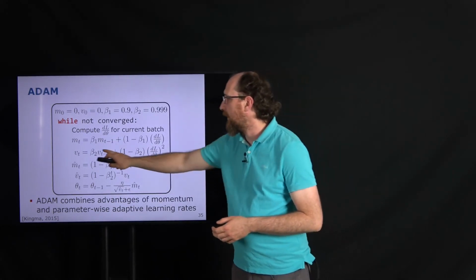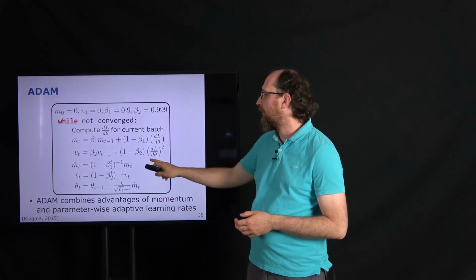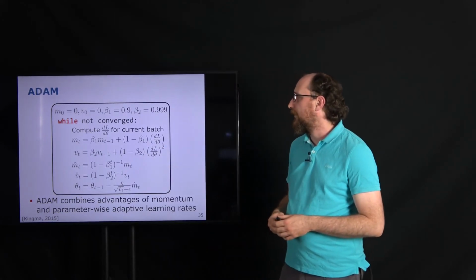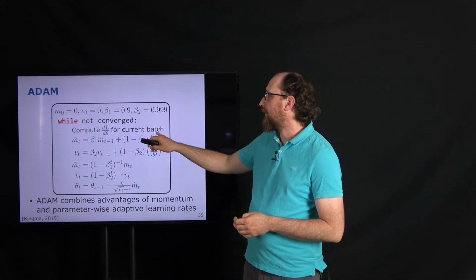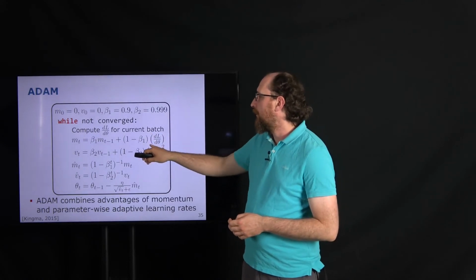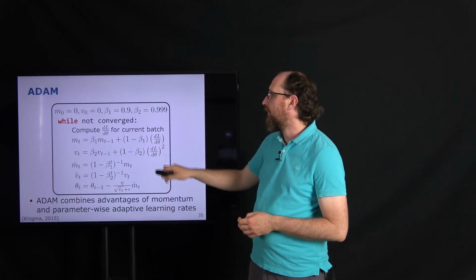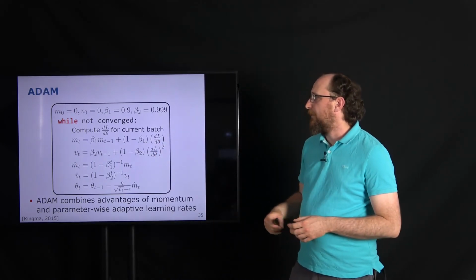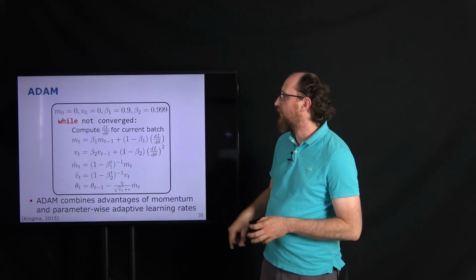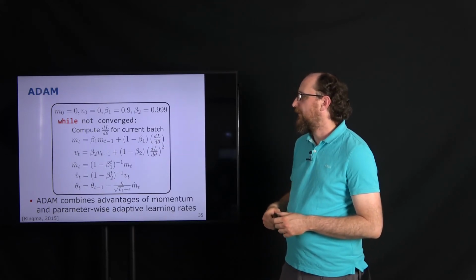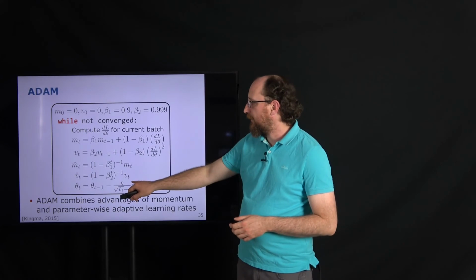So this is again a moving average over the squared contributions of the gradient. And then we have this m_t, which is then basically just the sum over the gradient values, which is basically the same as when we are using the momentum. And this part is just a correction.